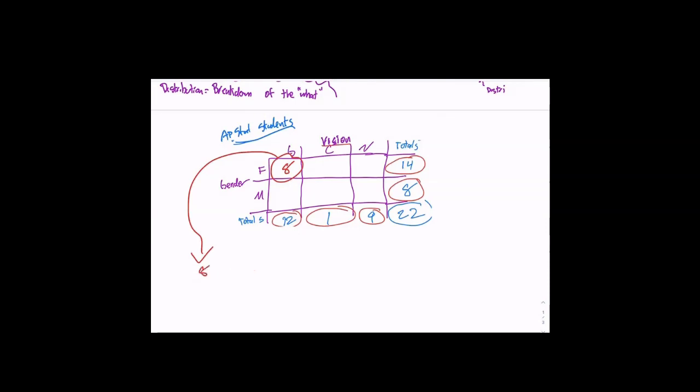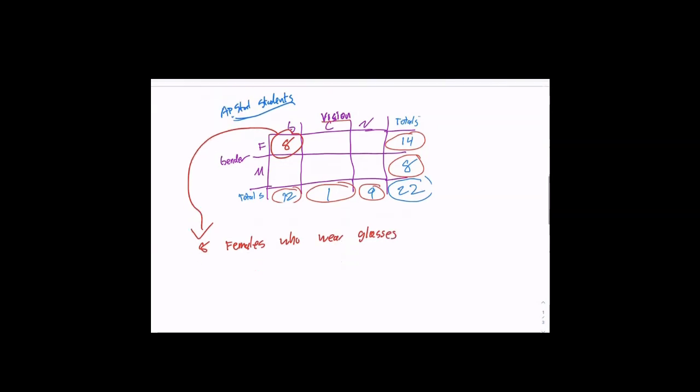It means there are 8 females who wear glasses. Another way of saying that is there are 8 females and glasses. So sometimes we say the and.